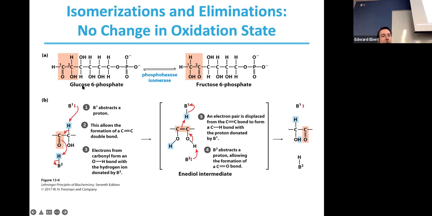So for example, if we look at isomerization of glucose 6-phosphate, because at one point we're going to convert glucose 6-phosphate to fructose 6-phosphate, we are essentially moving the carbonyl group from carbon 1 to carbon 2. And we can't just pull it off of there.